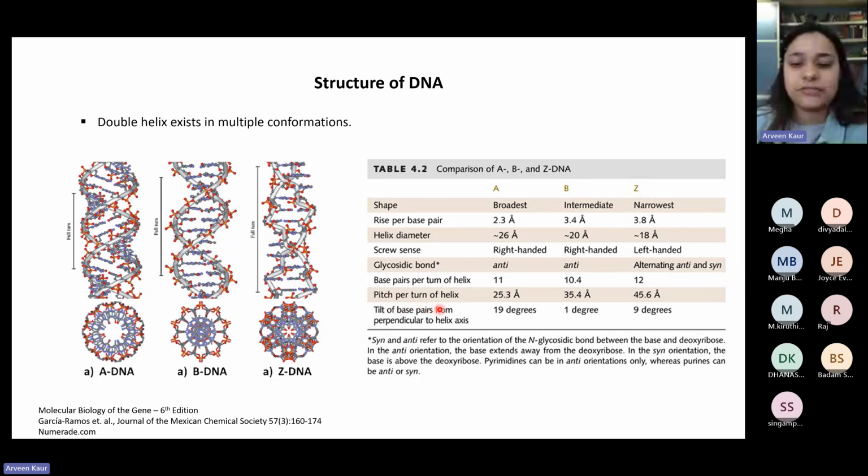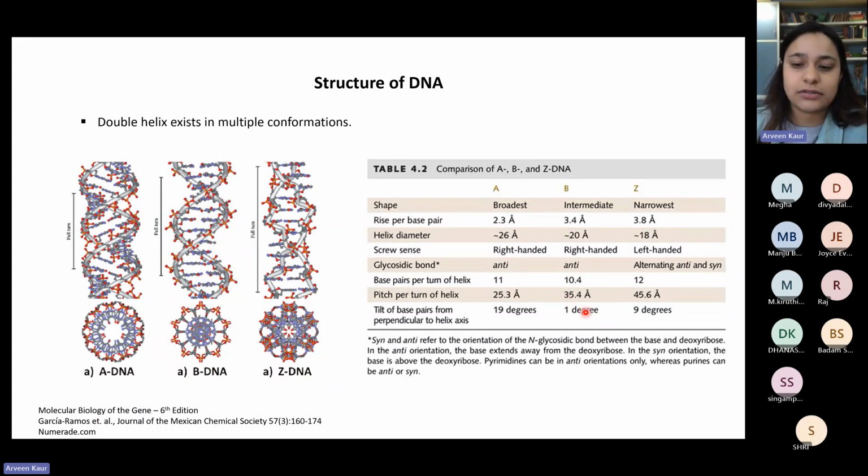Then pitch per turn of helix, that is the height per turn of helix, is the least in case of A, that is 25.3 angstrom, because it is broader, right? It is second highest for B with 35.4 angstrom, and the maximum pitch is present in case of the Z form of DNA, that is 45.6 angstrom, right?